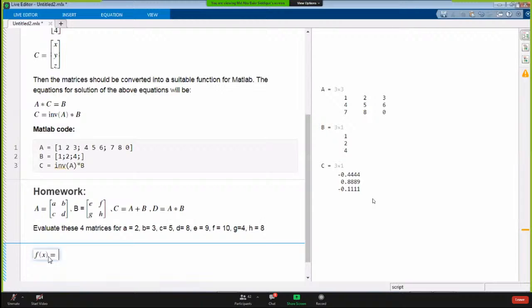fx equal. Now I'll give you only one equation and you will solve this.